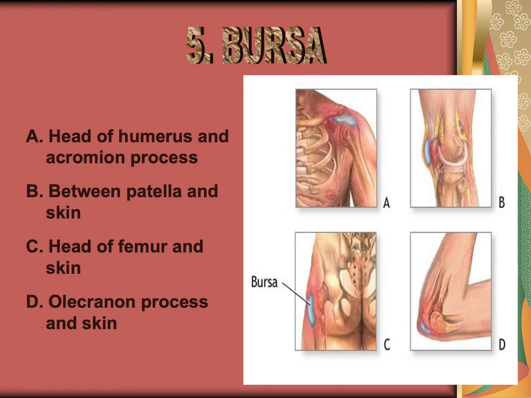So here we see in letter A, may bursa sa head of humerus and acromion process, between patella and skin on B, head of femur and skin on C, and the olecranon process and skin on D. So, ang mga bursa na ito are the ones providing synovial fluid for the freely movable joints, yung mga diarthroses or the synovial joints.